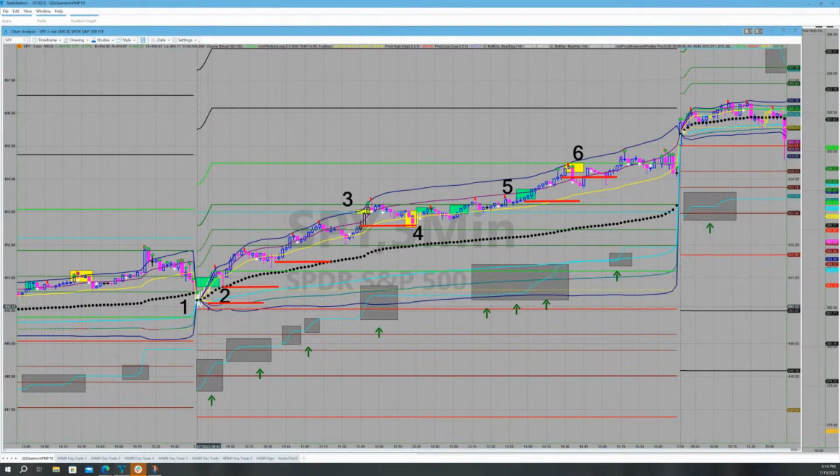We get long. These red lines are the stops we're using. When we get long at 9:42, the stop is this red line. Once the asset makes new highs, the stop goes to the low of that tail. When it makes new highs, the stop goes to the low of the consolidation.